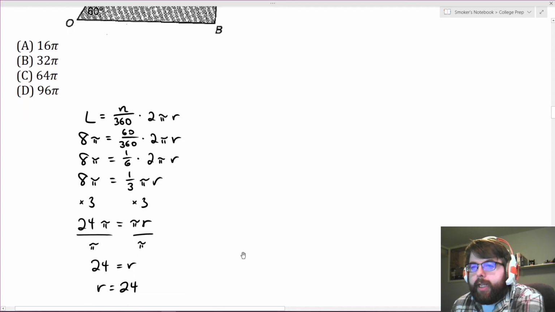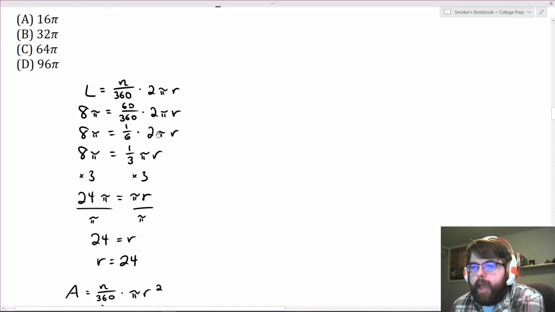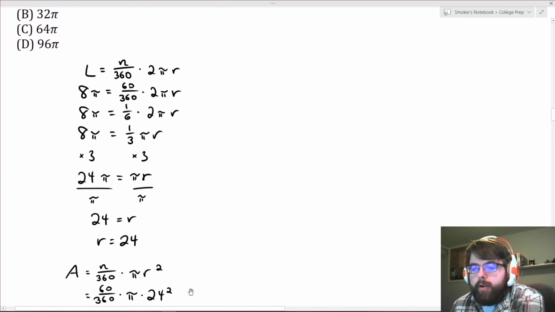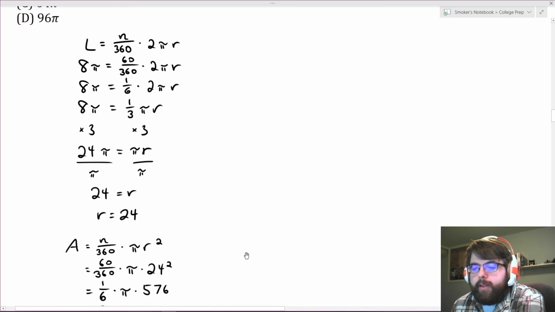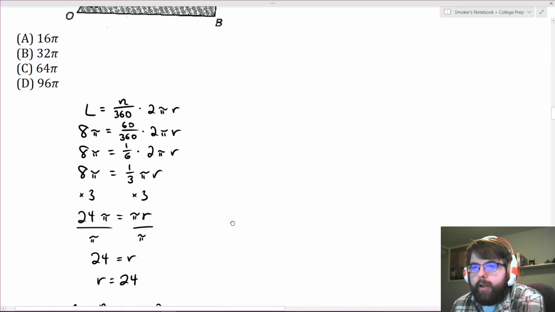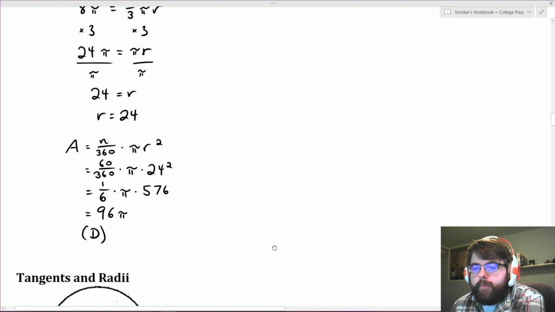So once we find that that is 24, we're then going to use the area of a sector formula. The angle measure is still 60, but now I can plug 24 in for r. 24 squared is 576. We have 1/6 over here again, and pretty much just take the 1/6 times the 576 to get 96, and the pi just hangs out there, and that is D, the option D.